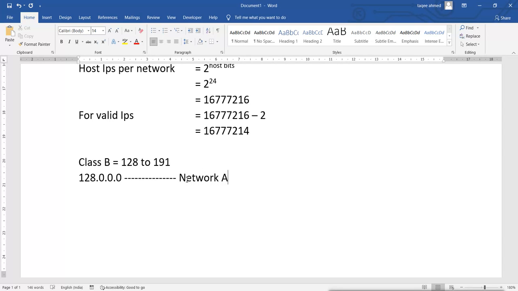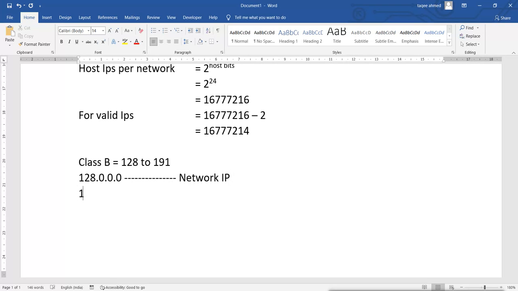It is a network address, or we can say a network IP, and that means we cannot use it. And you can see it is the network IP.